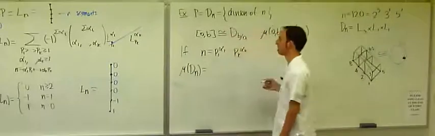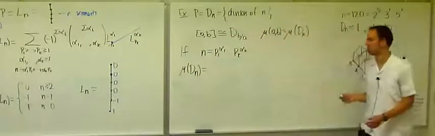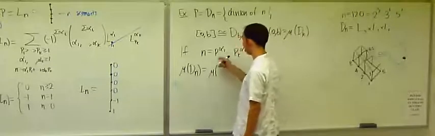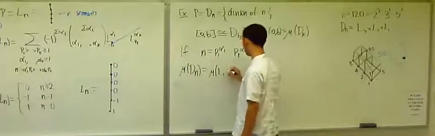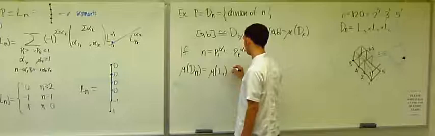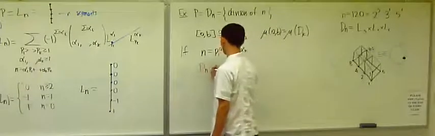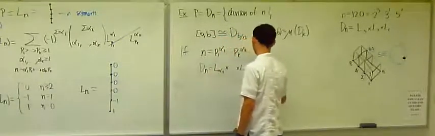That depends on the prime factorization of n. So if n is equal to p1 to the alpha 1 up to pk to the alpha k, that means that dn is L alpha 1 times, etc., times L alpha k.